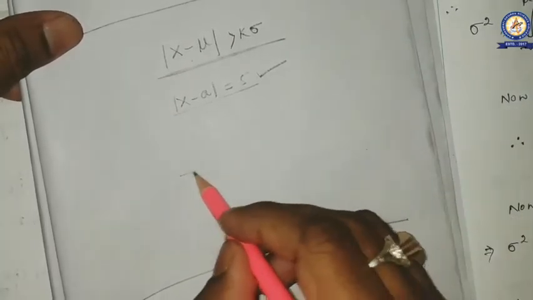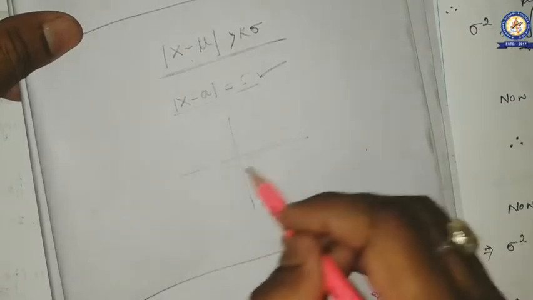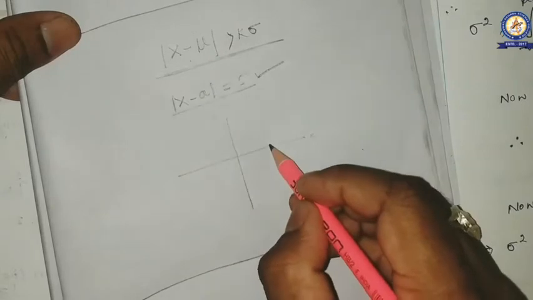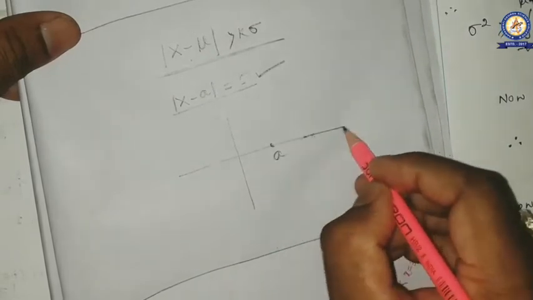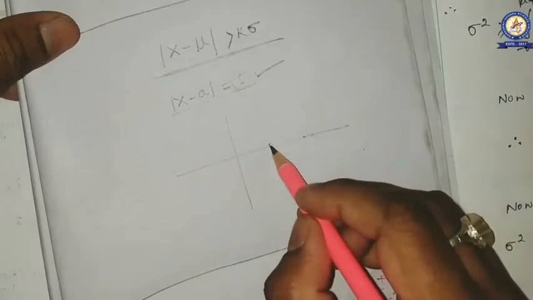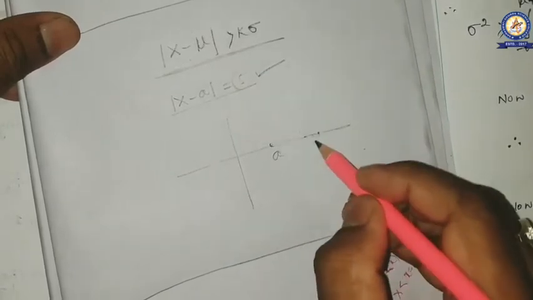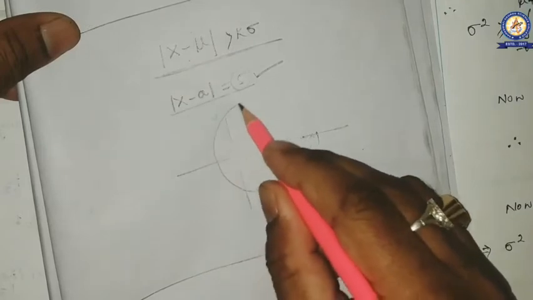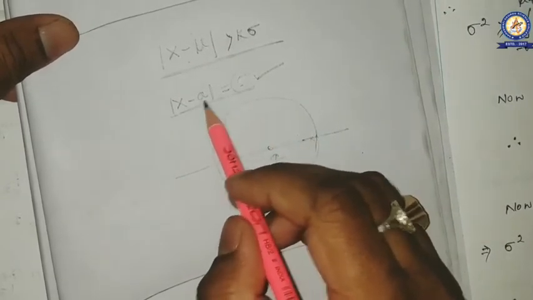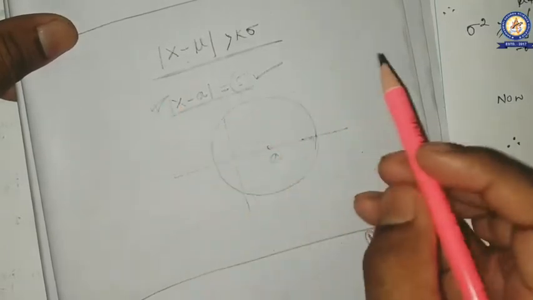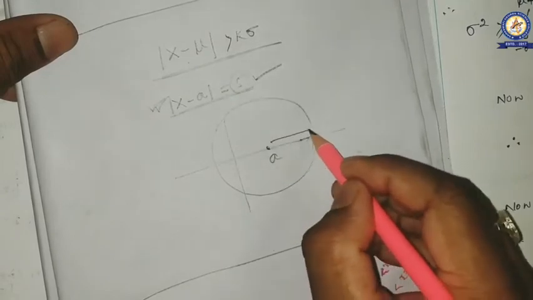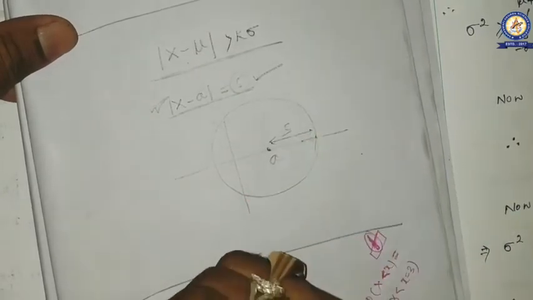That means if I draw the x and y axes, the center of the circle is at a. Suppose this is your a, and the radius is 5, and you draw the circle. So this equation is the equation of a circle whose center is at a and radius is 5.